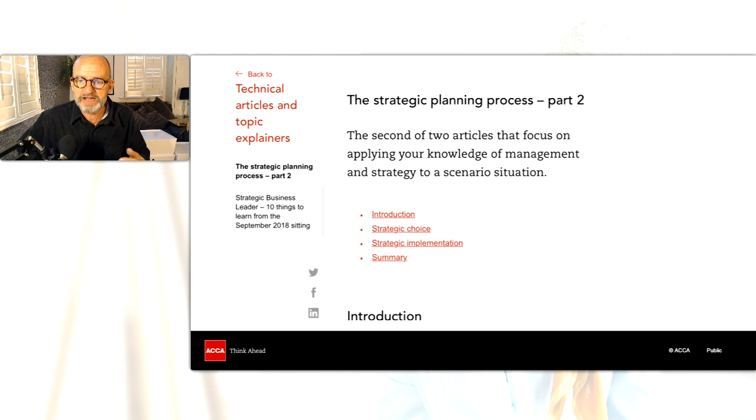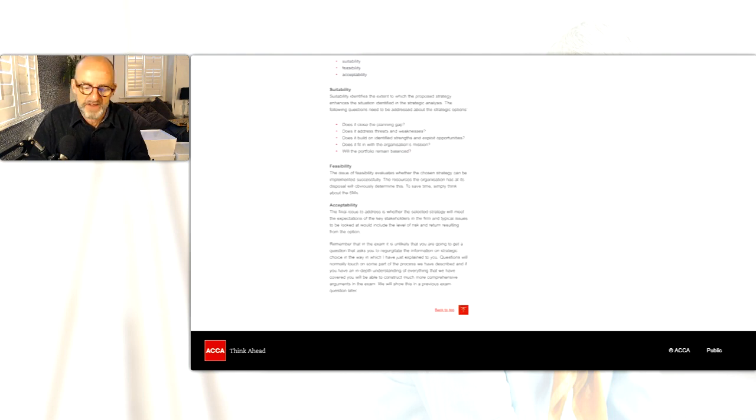And in that article, it does talk about suitability, feasibility, and acceptability. It gives you a lovely framework on which to hang your answer. And obviously, you're going to have to read that in some detail. But if you'd approached your studies carefully, you would have read that article on the platform and you would have used it to help catalyze your answers.